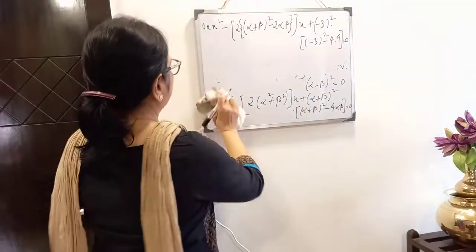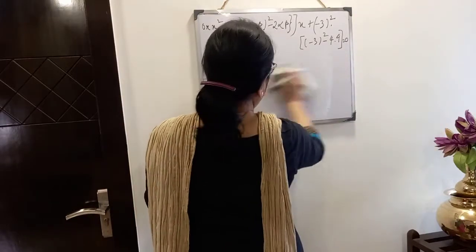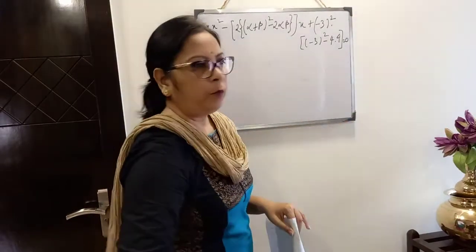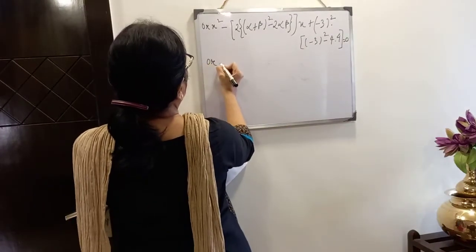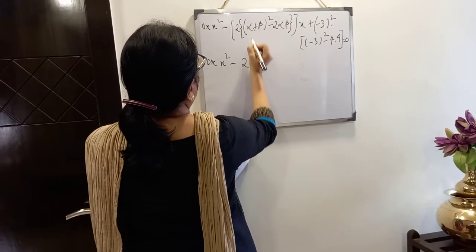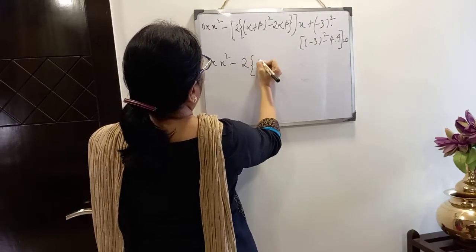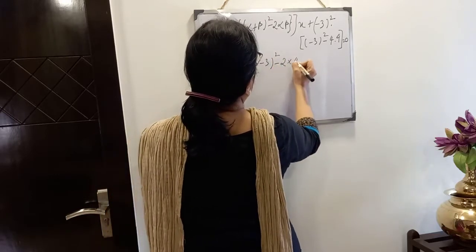Then I put the value here. Alpha plus beta minus 3 whole square minus 2 into 4.